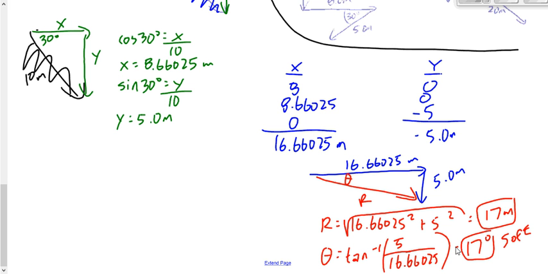Now, if you had drawn it the other way, like this, that would have been correct. You would have gotten a value of r of 17 meters, but you would have gotten a value for theta of 73 degrees. It would have been correct because it would have been 73 degrees east of south.